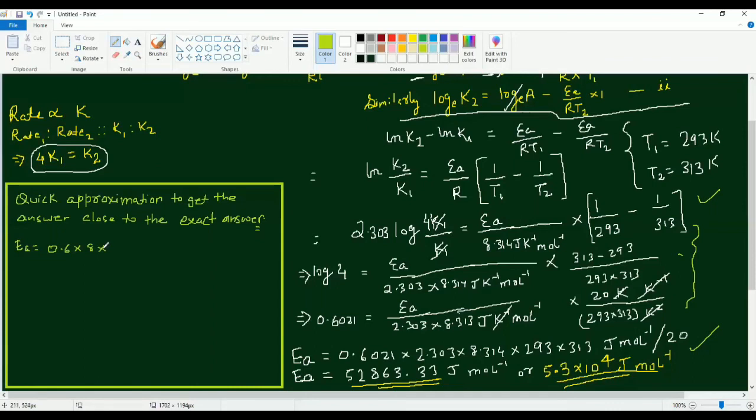Multiplied by 293, which can be taken as 2.9 into 10 to the power 2 approximately. Similarly, 313 can be taken as 3.1 into 10 to the power 2. And then divide this by 20.